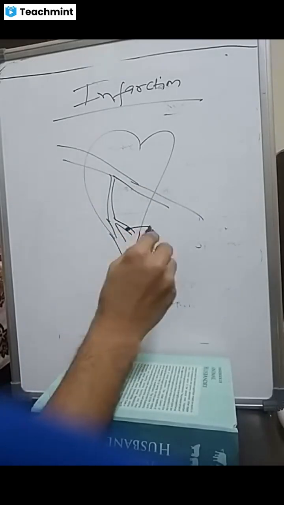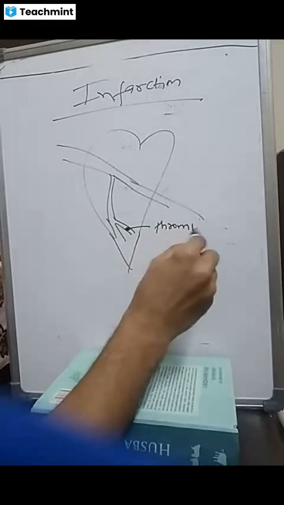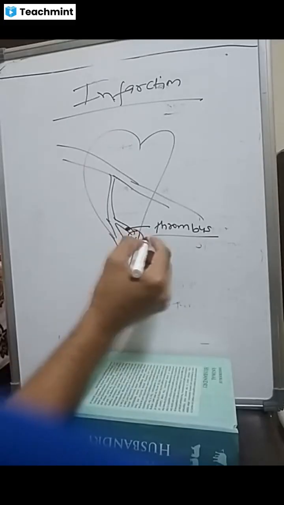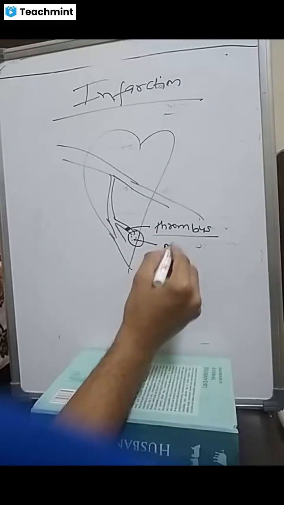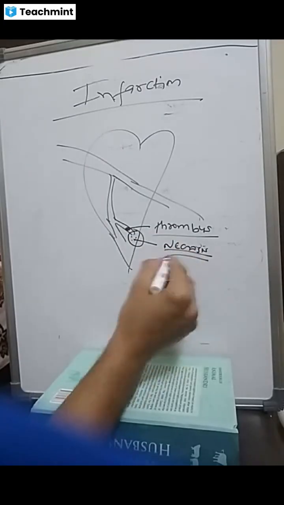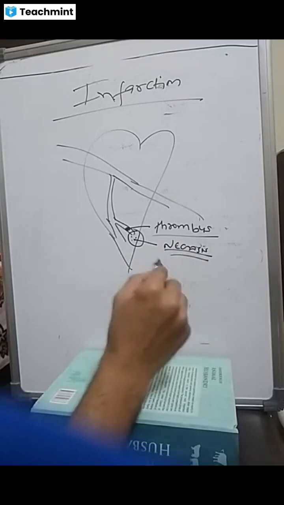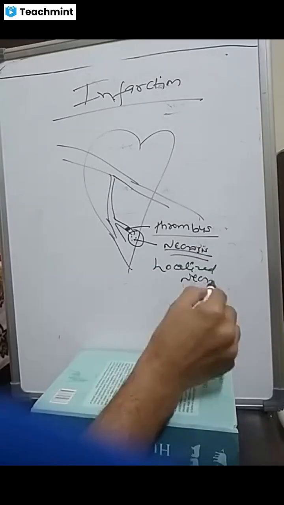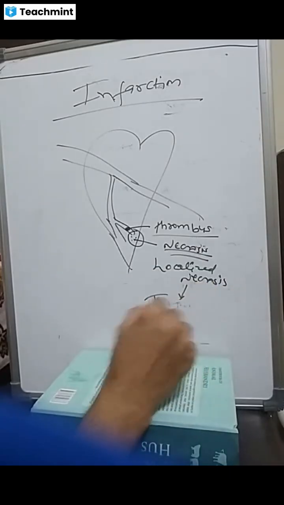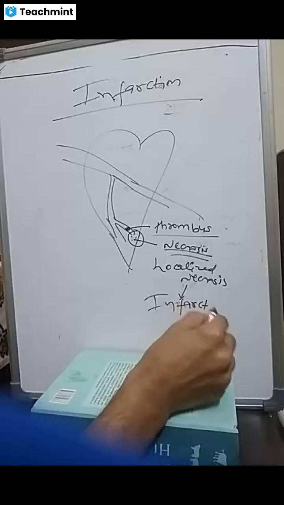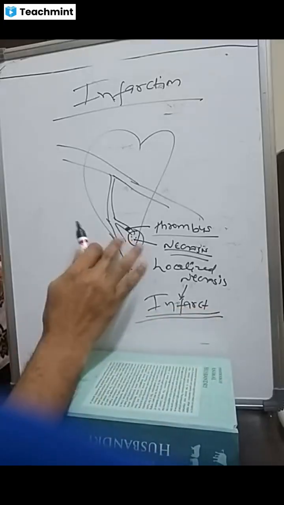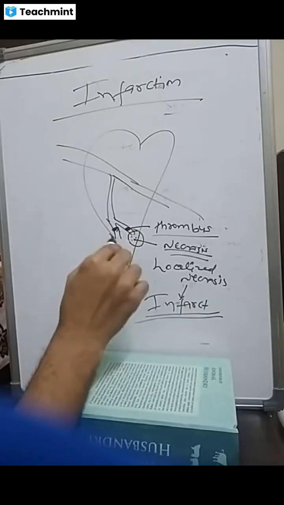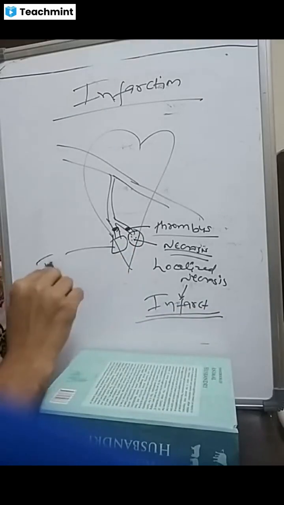If there is thrombus formation, then this area develops localized necrosis, which is called infarction, and the area is called the infarct.